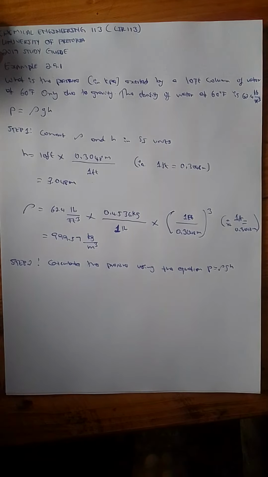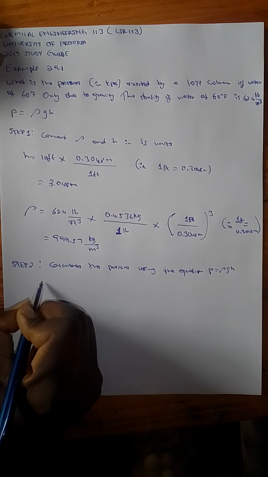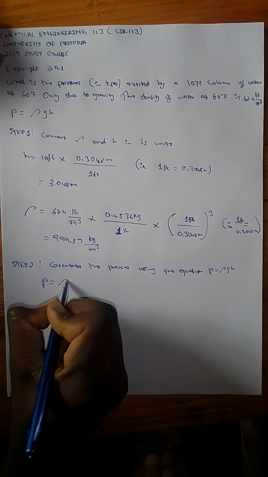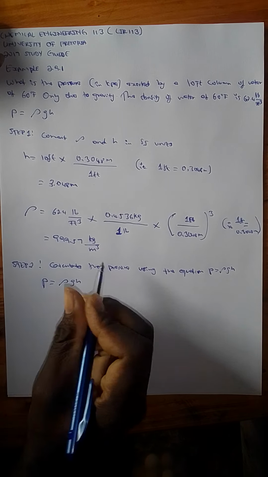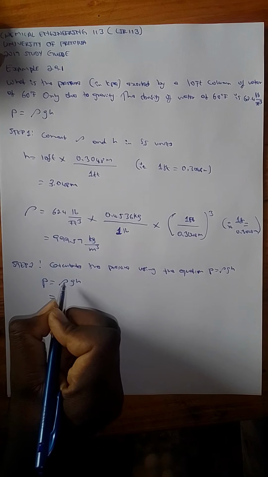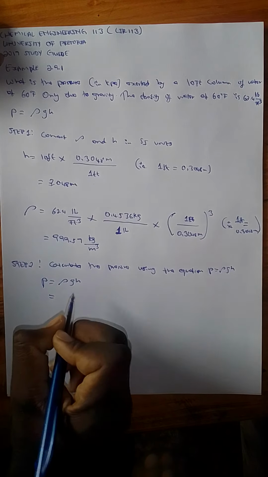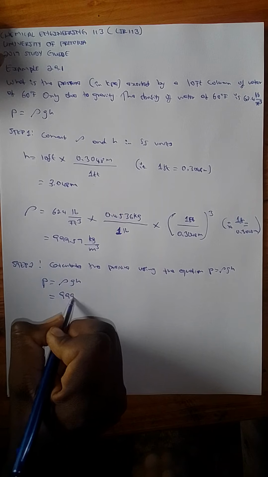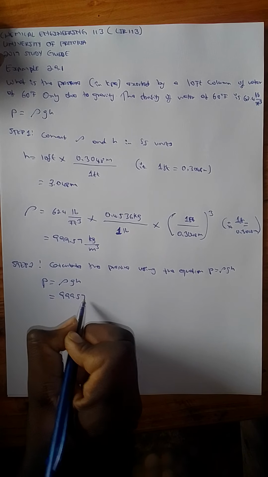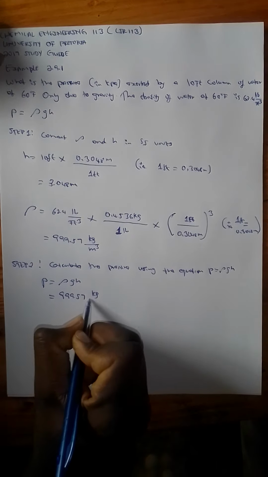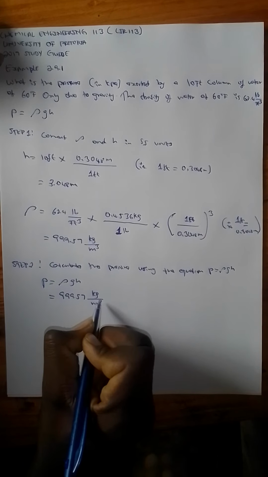When we solve it, P equals rho GH equals our density, which we calculated to be 999.57 kilograms per meter cubed.